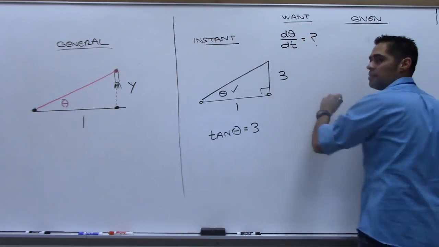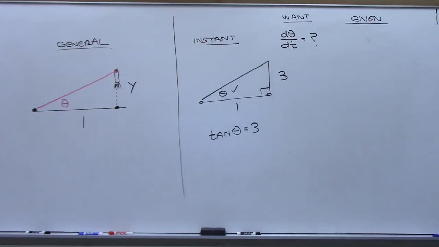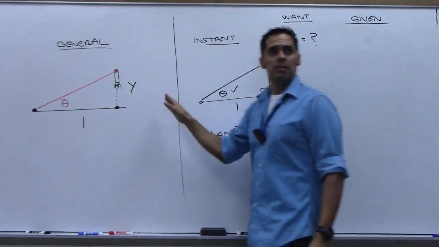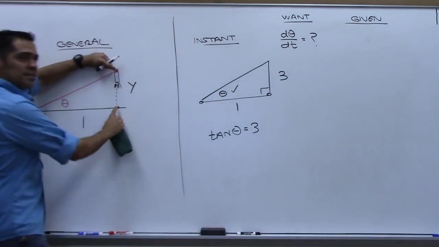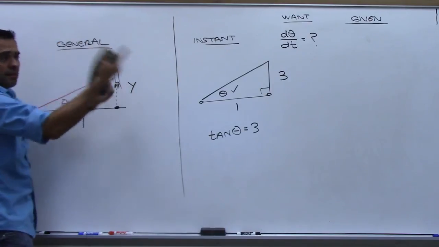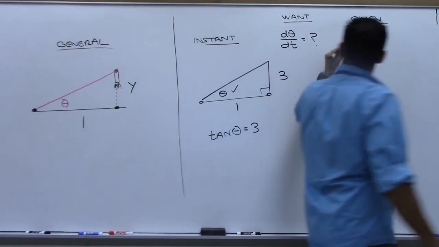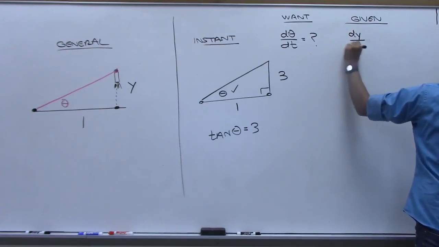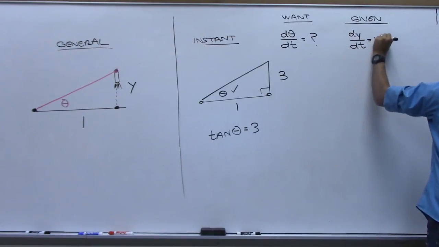That's what we want. Okay, what are we given? Are we given the rate that something's changing? The speed, which represents which variable over here? Y, right? It's this distance. How fast is y changing? At 1,000 miles per hour. So we're given dy dt is 1,000.